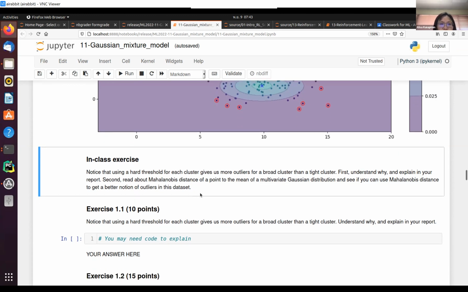Then read about the Mahalanobis distance of the point to the mean. Mahalanobis distance. What's the math? What is it?